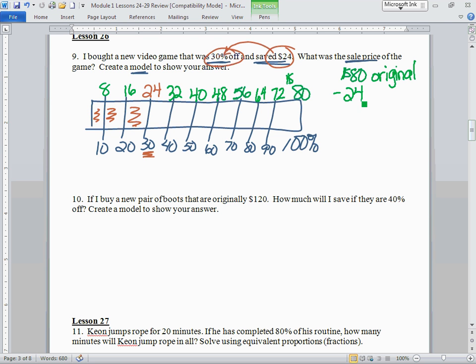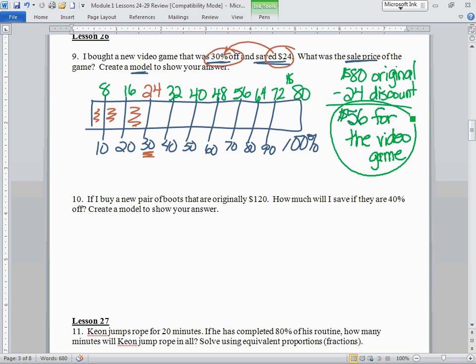So minus the $24 discount, how much was the new video game? 80 minus 24? So it was $56 for the video game.